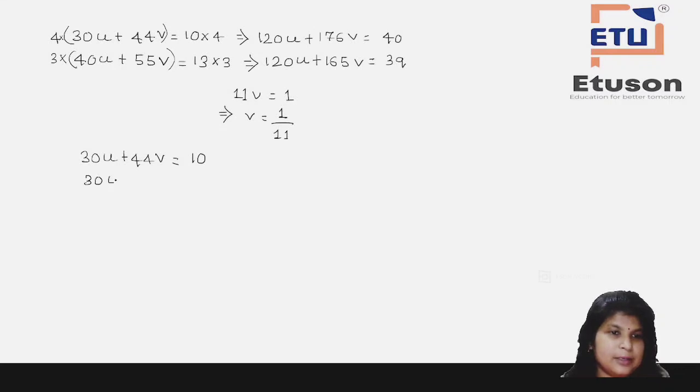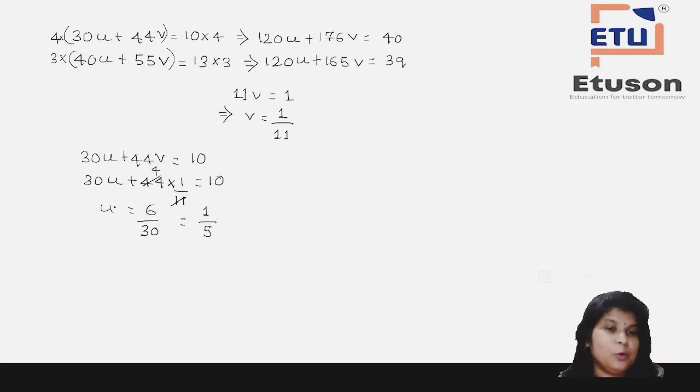So you will get 30u plus 44 into 1 divided by 11 is equal to 10. So this becomes 4, right? So what will be your value of u? u is equal to 10 minus 4, it is 6. So 6 divided by 30, that is equal to 1 divided by 5.